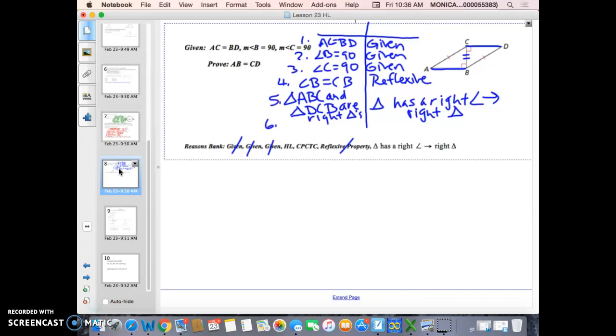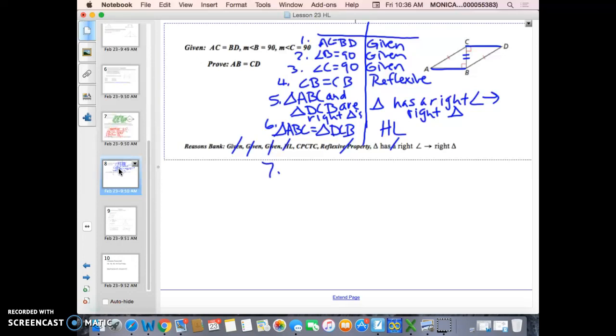So my sixth statement, now I can prove that they're congruent using HL because now I know they're right triangles. So I can say that triangle ABC equals triangle DCB because of HL. And then the last thing, because I now know that these two triangles are congruent, I can say all their parts are congruent as well.